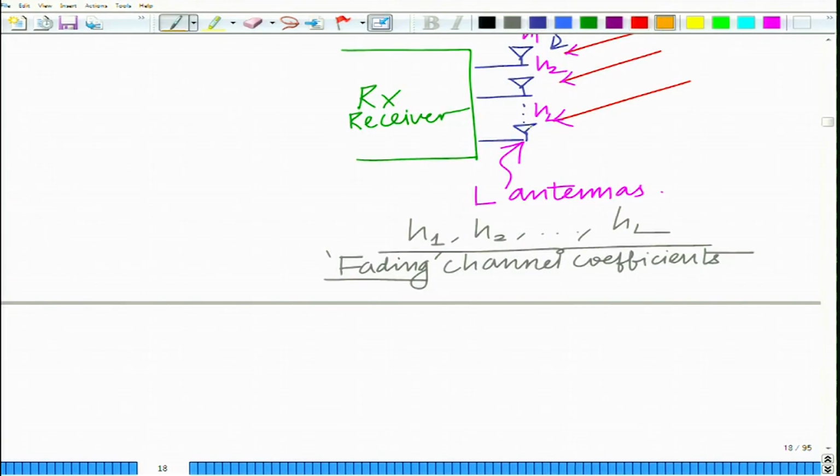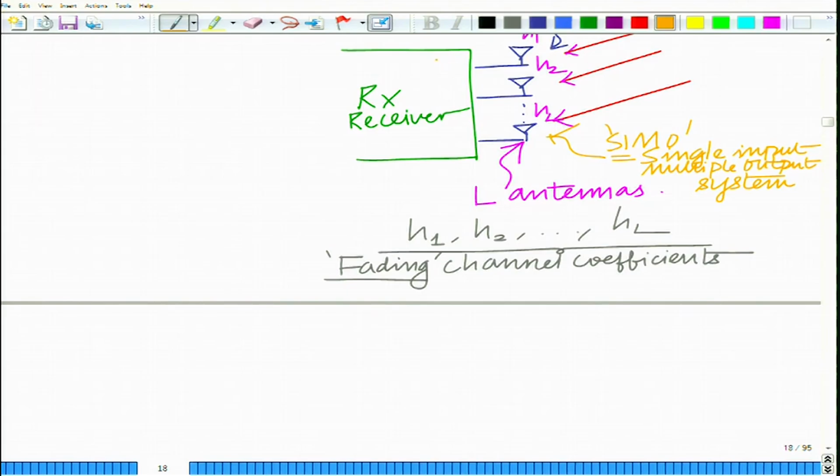Such a system is also known as a SIMO or a single input multiple output system, in the sense we have multiple antennas. Let us now assume the combining weights.